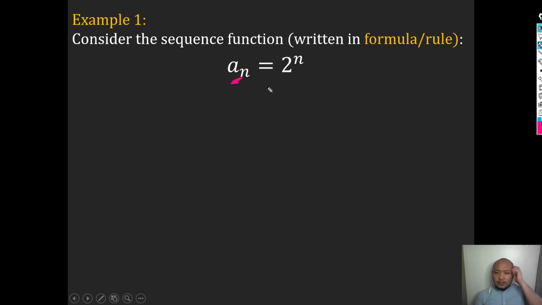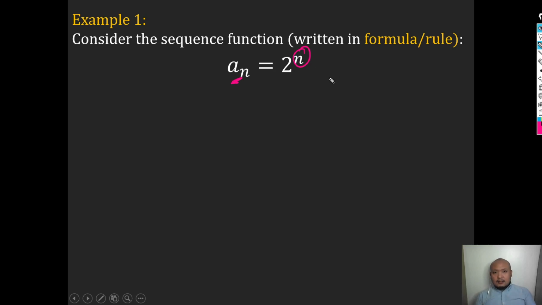And of course, because it's a sub n, you can also imagine that our independent variable, as opposed to x, is now n. So in this case, a sub n is equal to 2 raised to n. Remember, ang domain natin ng sequence function ay natural numbers lang.